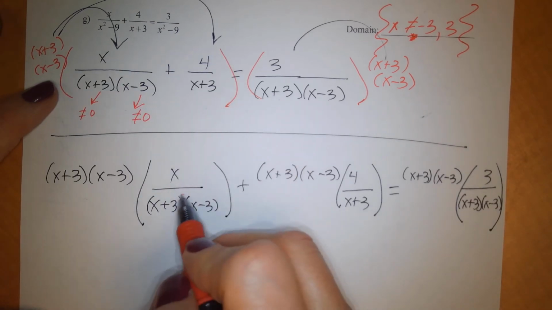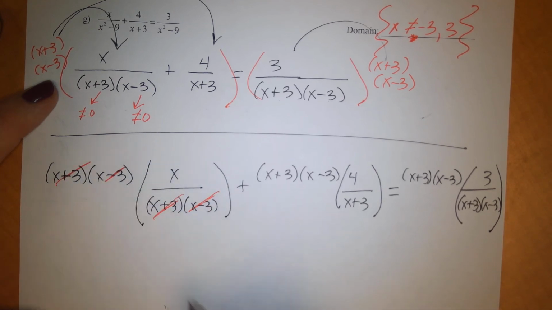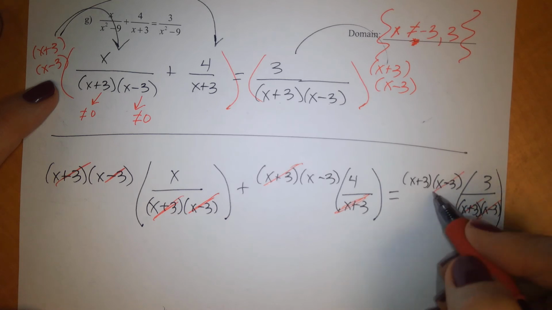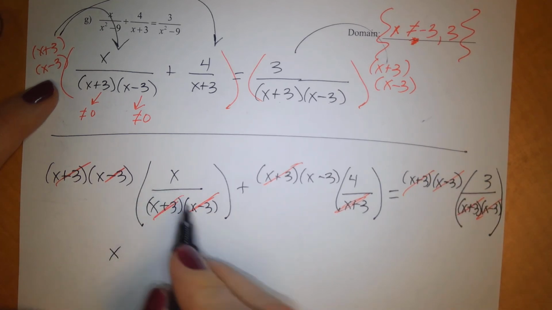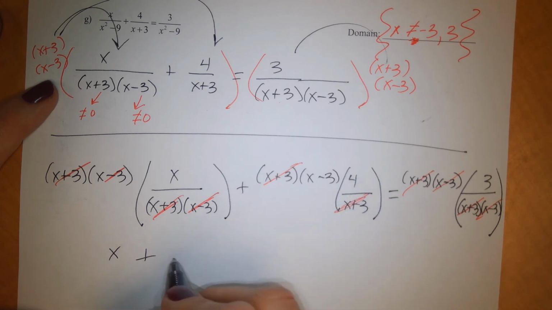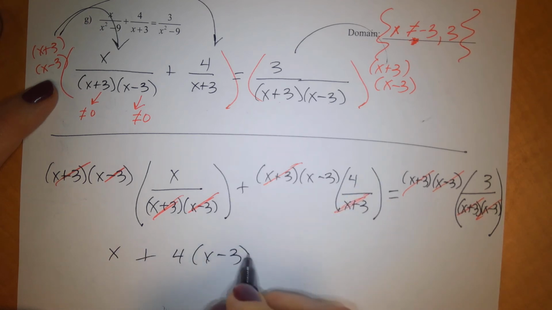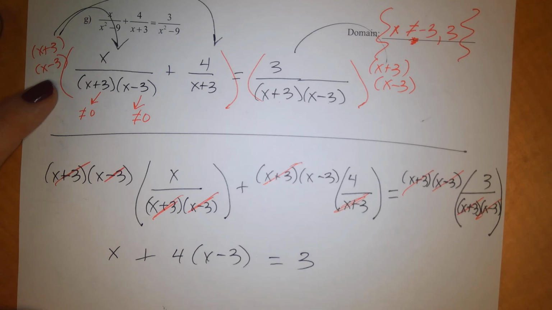Then we cancel the denominators. You'll see these cancel. So all that's left over is x plus 4 times x minus 3 equals 3.